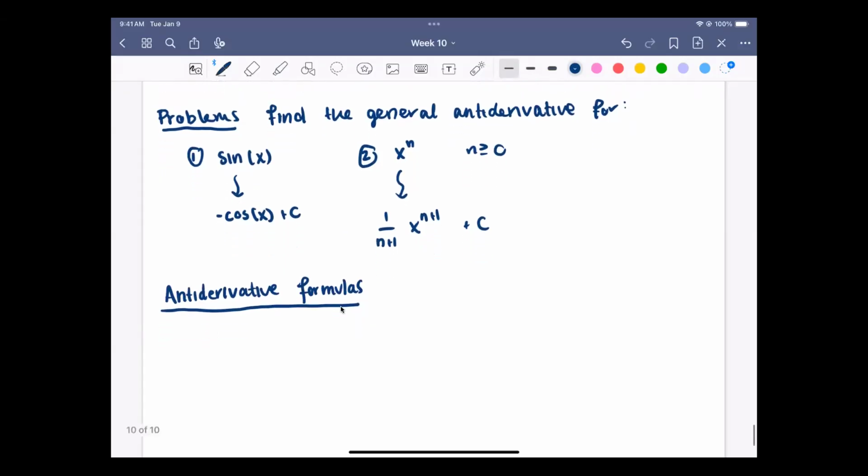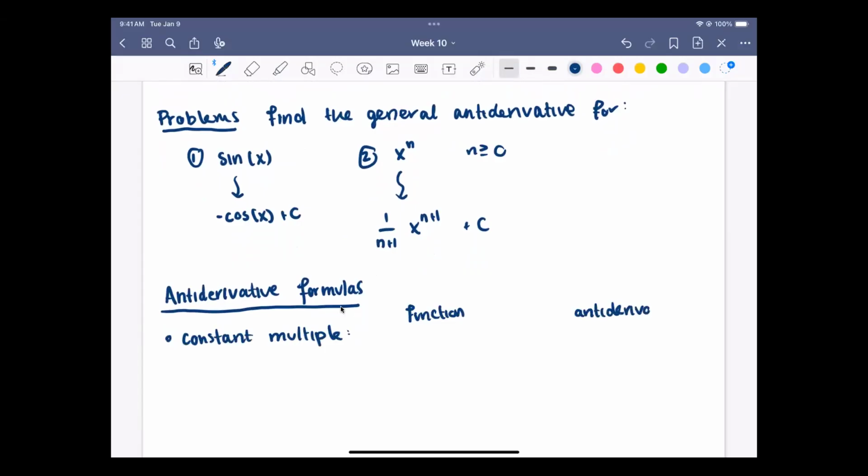The easiest one is the constant multiple. I'll write a function in this column and then its antiderivative here. So let's just suppose as input that f and g are functions with capital F and capital G as their antiderivatives.